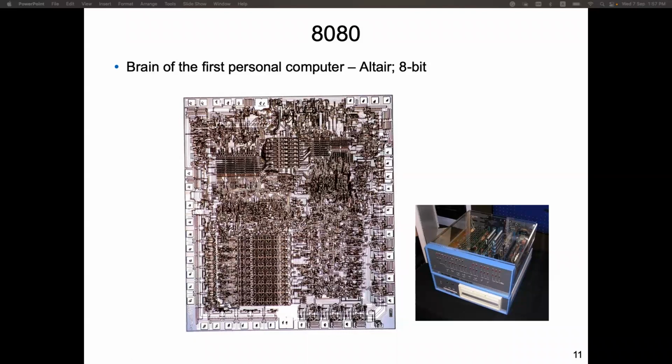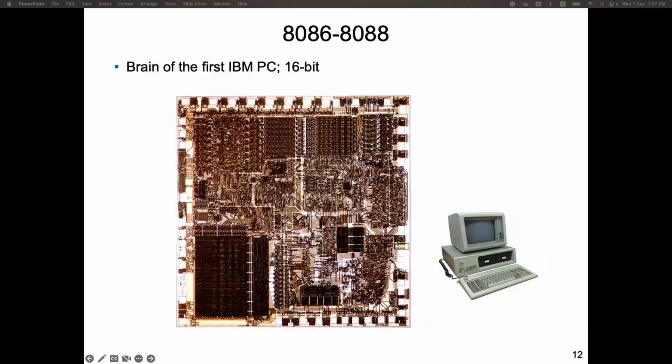A mainframe occupies a large house. A personal computer is smaller, for personal use. And nowadays, the personal computer is the dominant type of computer. So this is an 8-bit processor. Data size is 8 bits.